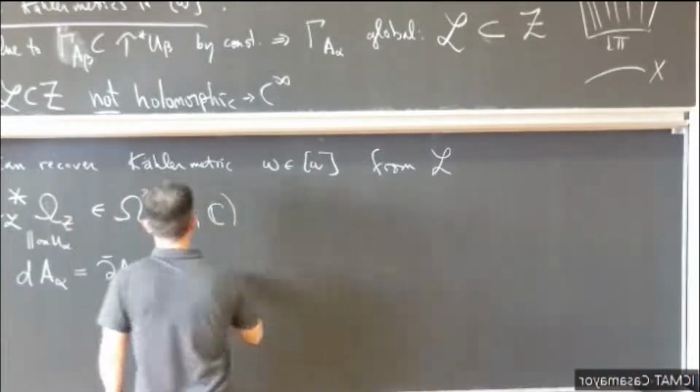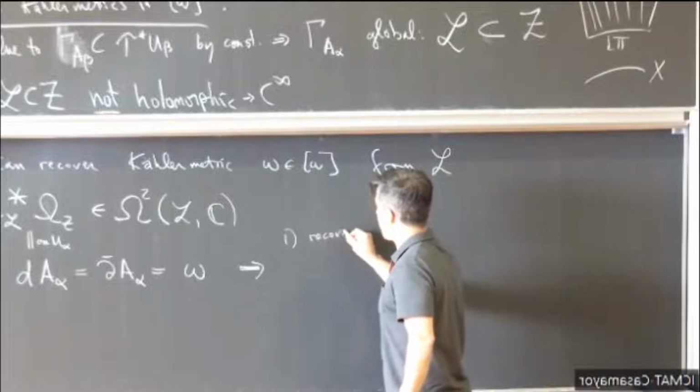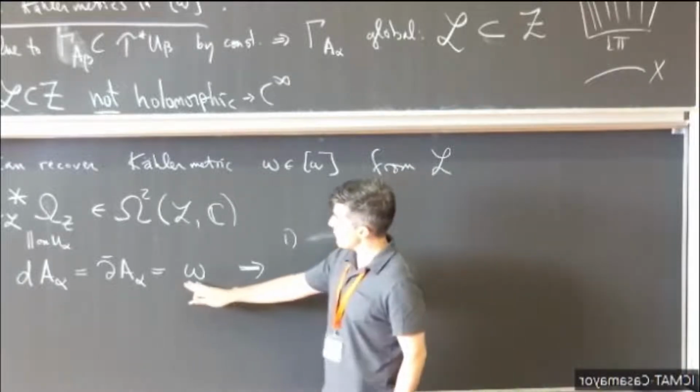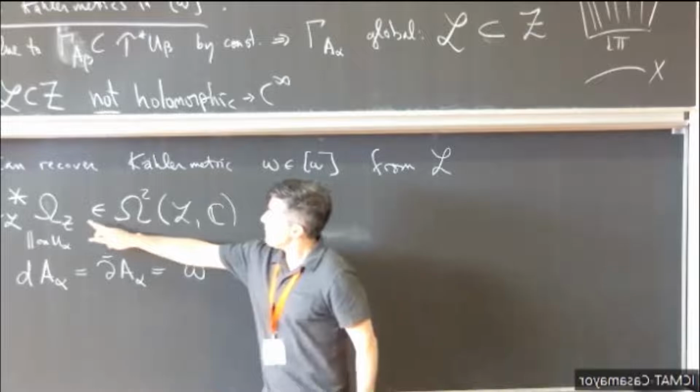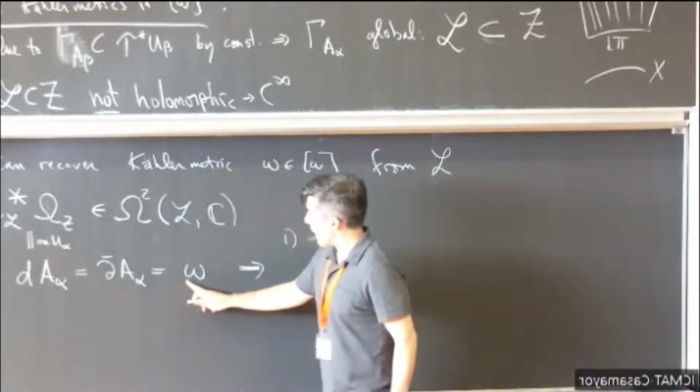And so this tells us that, maybe the first observation is that this complex two form, when restricted to L, is actually real.